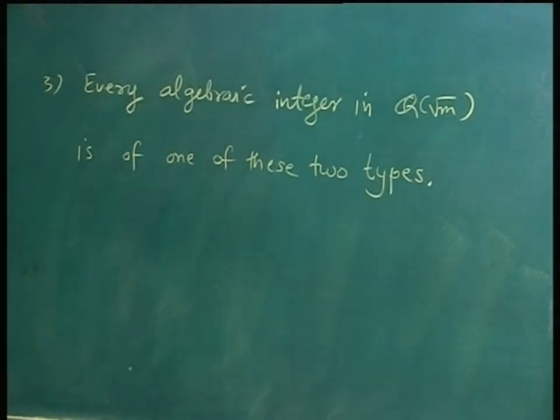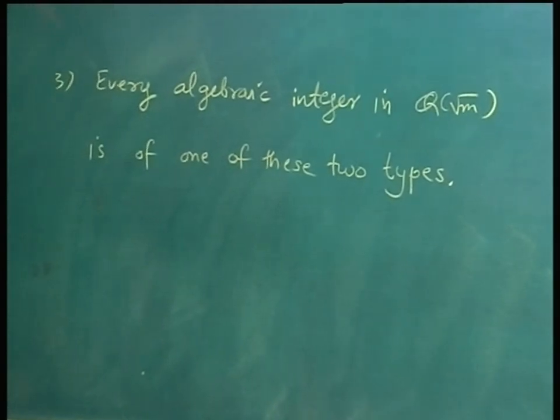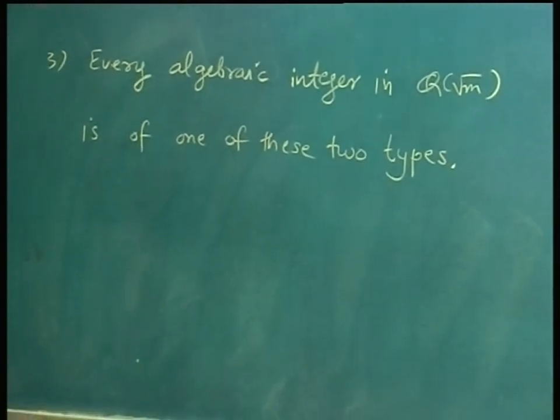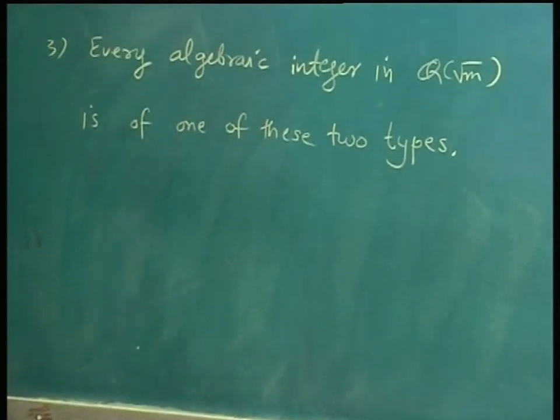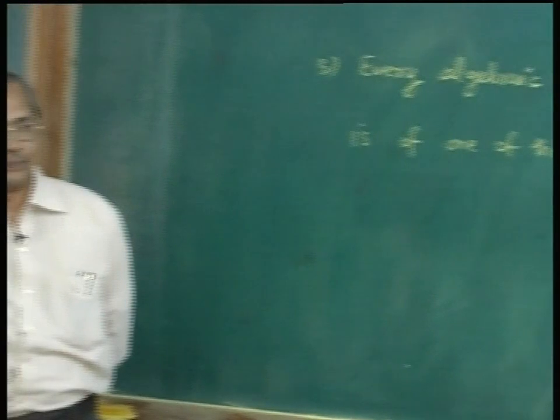That is, if m is not congruent to 1 mod 4, all the algebraic integers are of the form a plus b√m. If m is congruent to 1 mod 4, then you have integers of the type a plus b√m and also integers of the type (a plus b√m)/2, where a and b are both odd, and this gives you all algebraic integers in Q(√m).